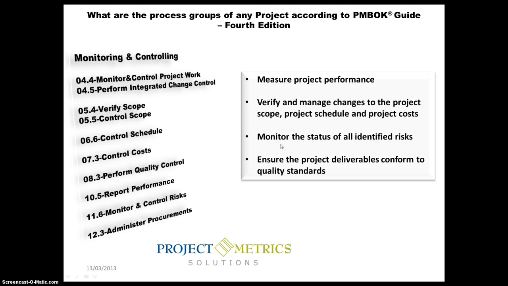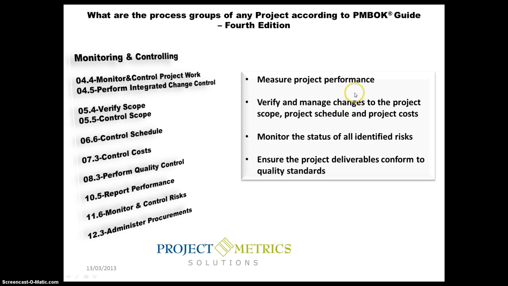Monitor the status of all identified risks, identify any new risks, take corrective action, and update the risk response plan. Ensure the project deliverables conform to quality standards established in the project quality plan.